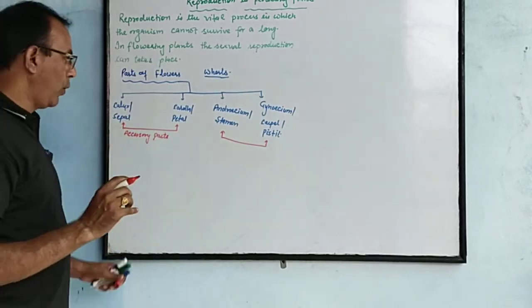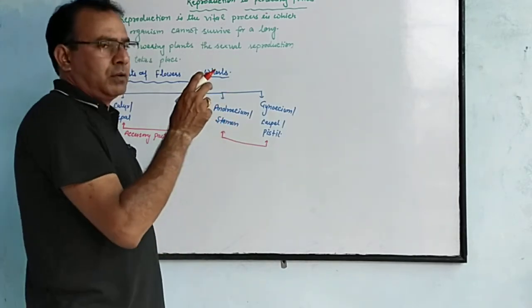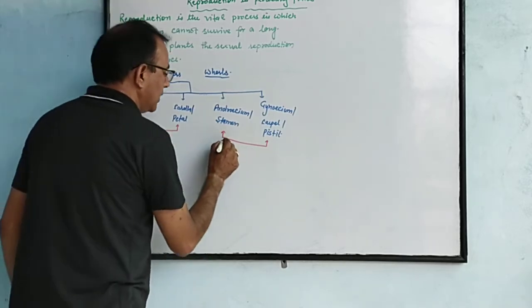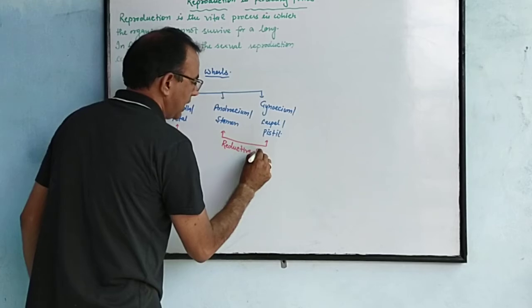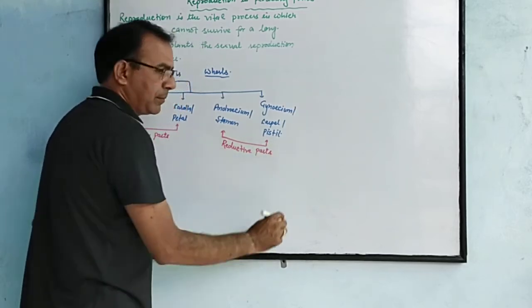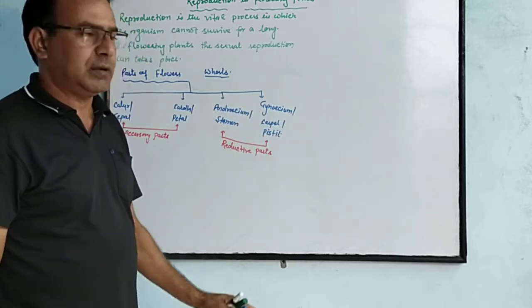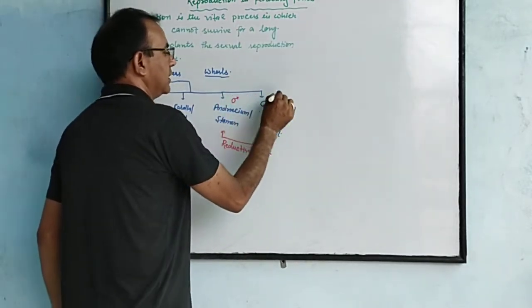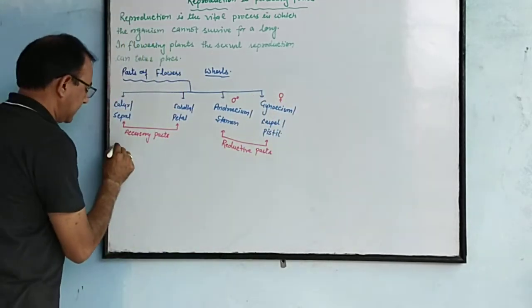Calyx and corolla both are the accessory parts, and the parts which take place in reproduction are called reproductive parts. Those reproductive parts are androecium, the male part, the stamen, and carpel or pistil or gynoecium, the female part. This one is the male part and this one is the female part. Clear?